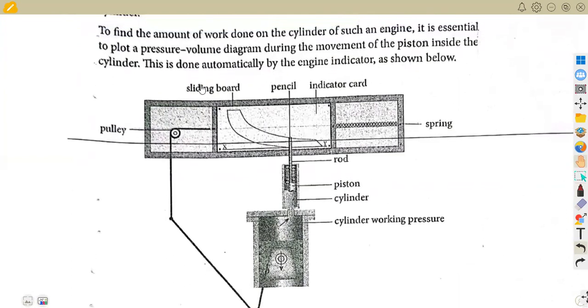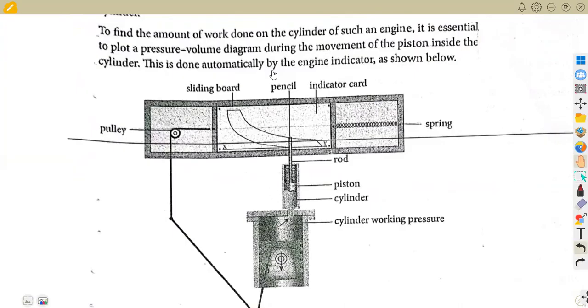So to find the amount of work done on the cylinder of such an engine, it is essential to plot a pressure volume diagram during the movement of the piston inside the cylinder. This is done automatically by the engine indicator, which is this one.